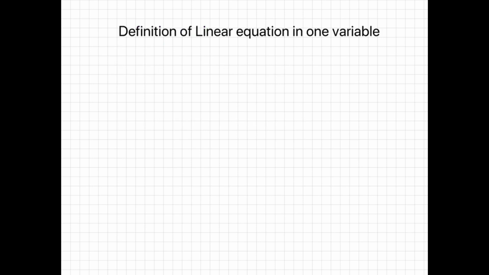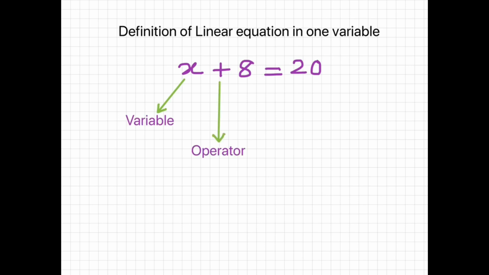Let's now look at the definition of linear equation in one variable. In this equation, x plus 8 is equal to 20, x is the variable, plus is the operator, and 8 and 20 are the constants.